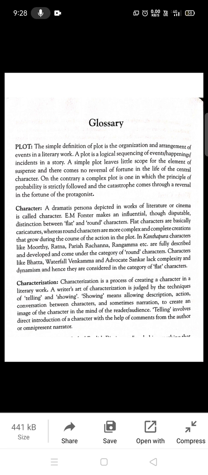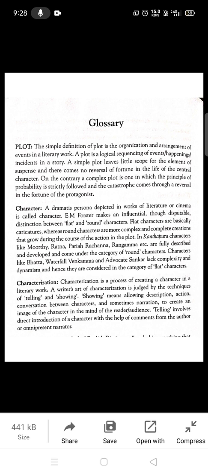There are five elements of plot. The first one is the exposition, where we are introduced to the central character or the protagonist and the central conflict or the major question which the protagonist faces.